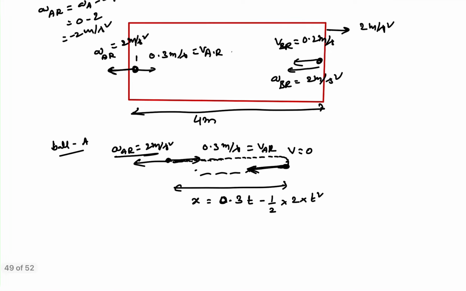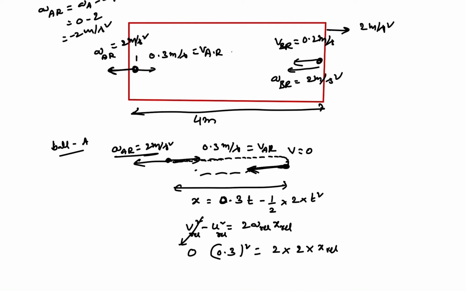If I don't want the time taken, I will just write how much distance it is traveling. So v square minus u square is equal to 2a relative into x relative. Here I think v relative and u relative. This v relative finally is 0. Okay, and u relative value I can write as initially 0.3 meter, 0.3 whole square I will get. 2 into a relative value is how much?